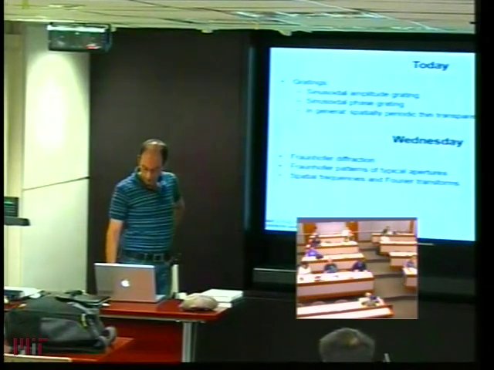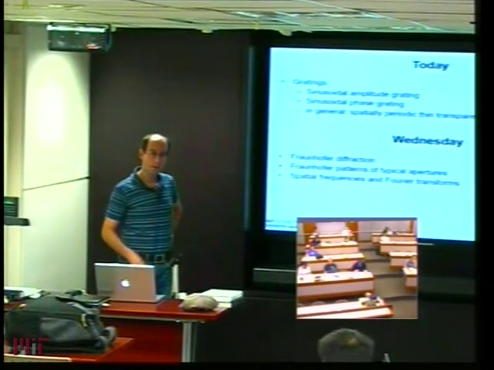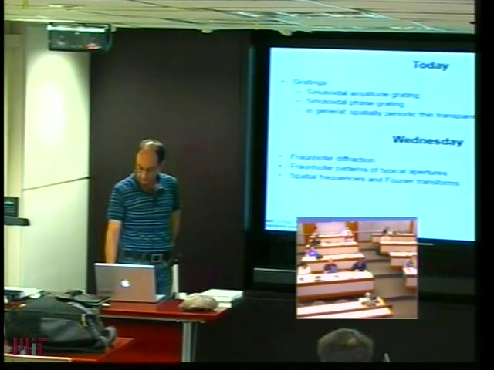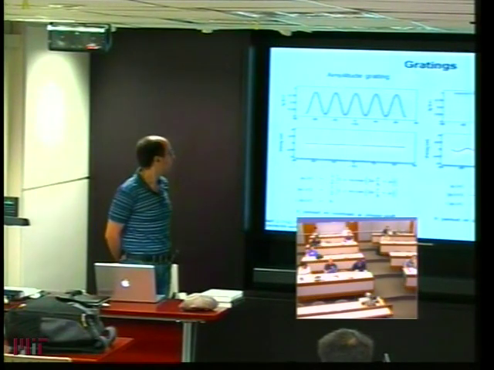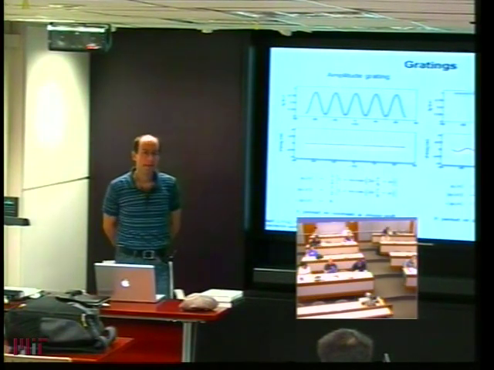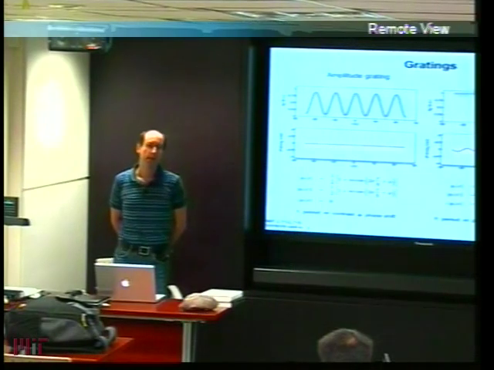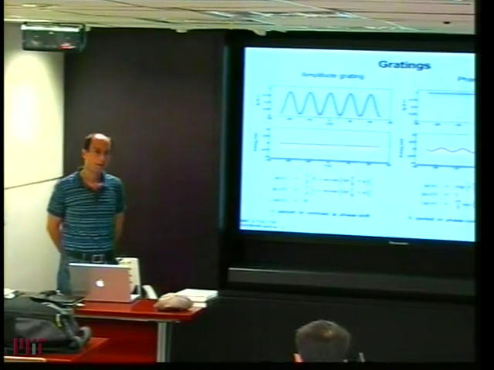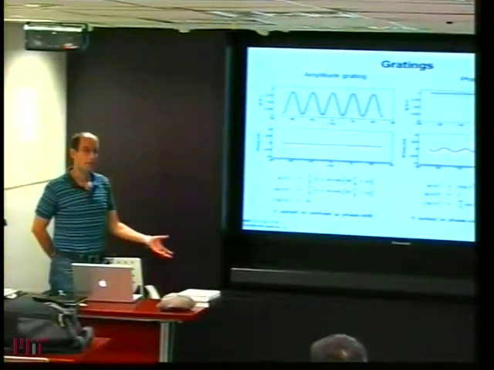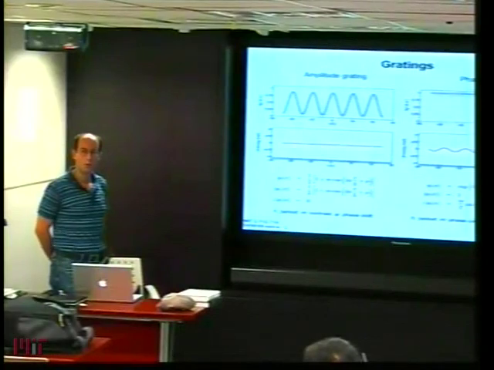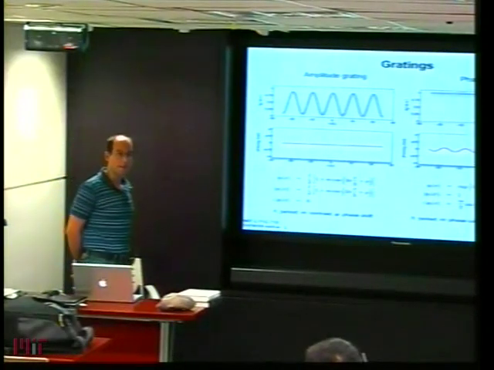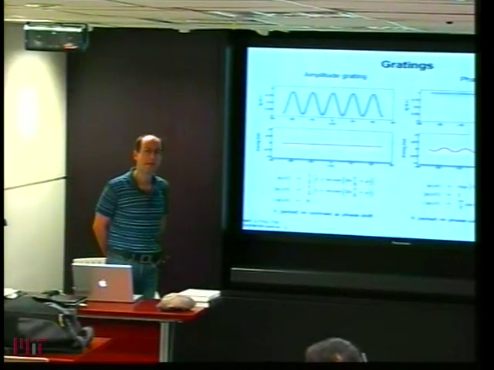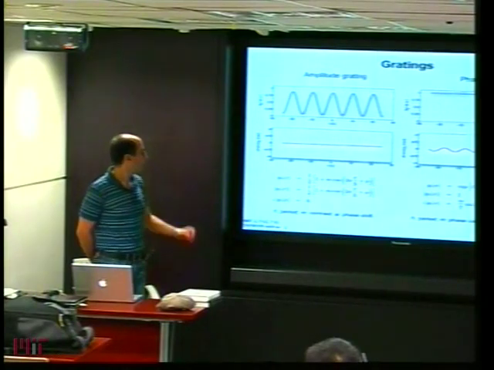Okay, so today I will describe mathematically what Pepe showed in real life. A grating, as Pepe mentioned, is a periodic thin transparency. We talked about thin transparencies before. We mentioned that, in general, they modulate the amplitude and the phase of the optical field.